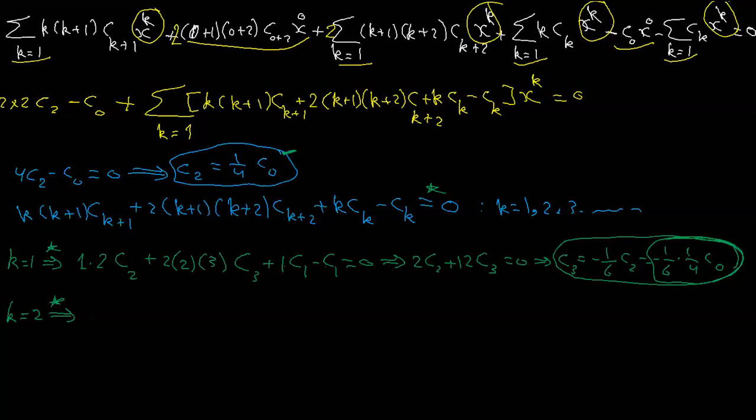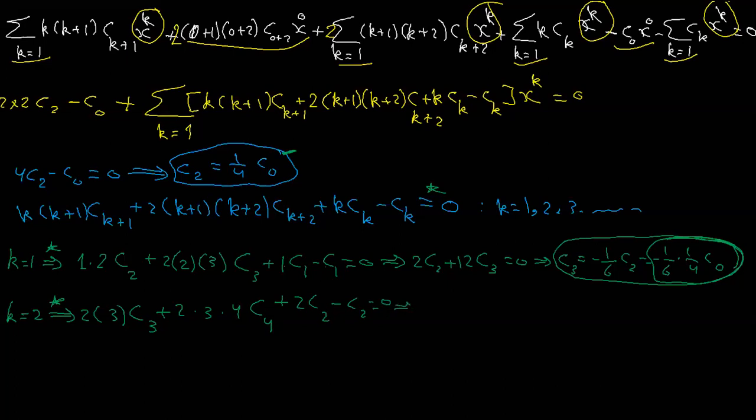Now, my k is 2 in equation star. So 2 times 3, C3, plus, your k is 2, so it is 2 times 3. 2 plus 2 is 4, C of (2 plus 2) is C4, plus my k is 2, so 2C2, minus C2 equals 0.